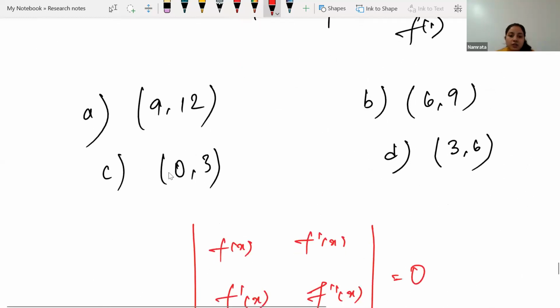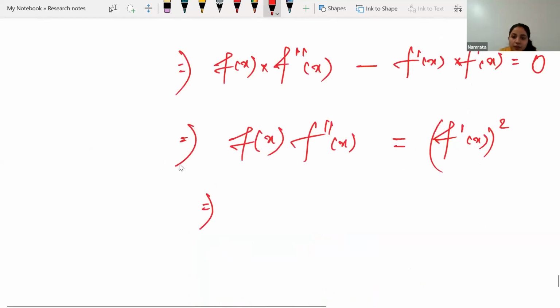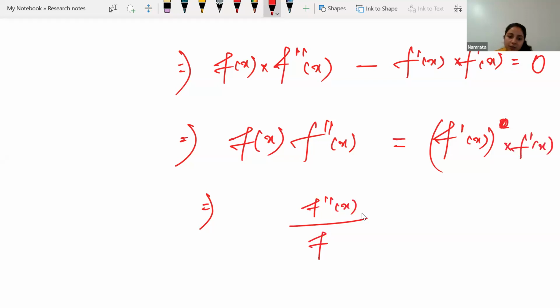So if we take f double dash x by f dash x is equal to f dash x by f of x.